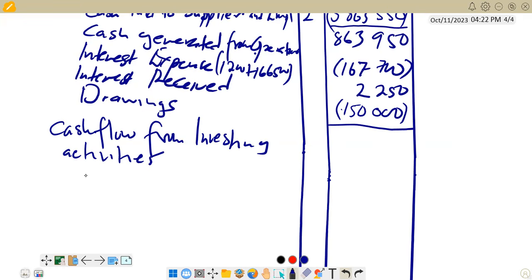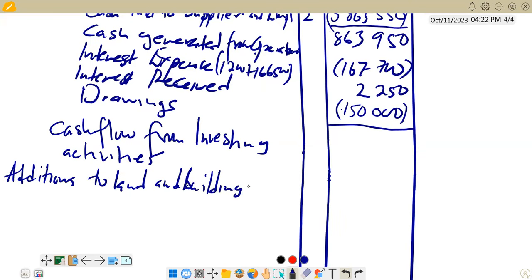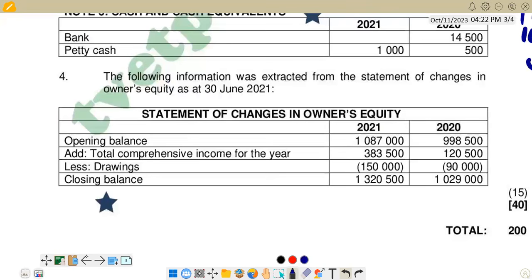Then we list the investing activities that we have. So the investing activities that we have got additions to land and buildings. Right. Let's go and check there in terms of the balance that we are given of land and buildings.